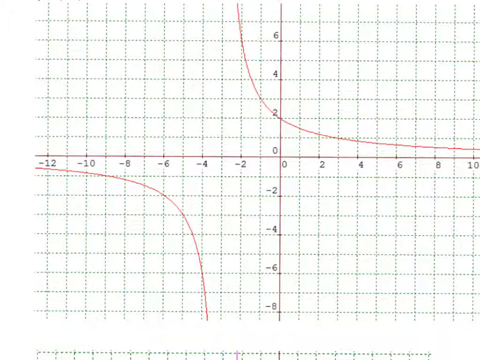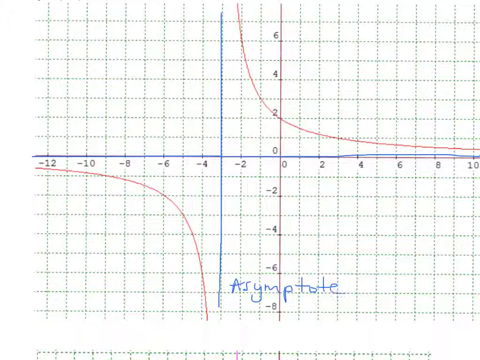Here, let's put our asymptotes in. We've got this one here, and in the middle here, it looks like that one there. So our asymptote is at this point here, x equals negative 3, and we're still on y equals 0 for our other asymptote.